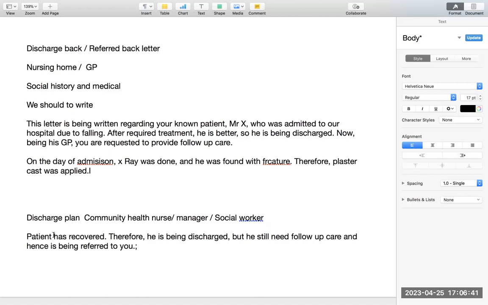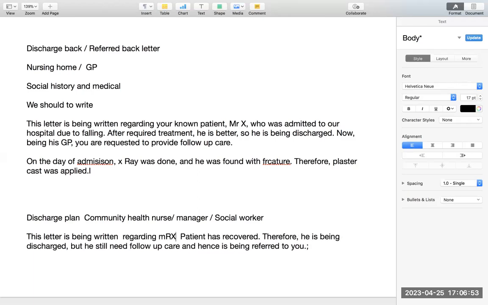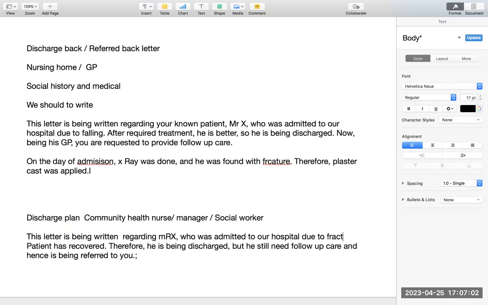The patient has recovered. In this letter, you will say: this letter is being written regarding Mr. X, who was admitted to our hospital due to fracture or due to falling.